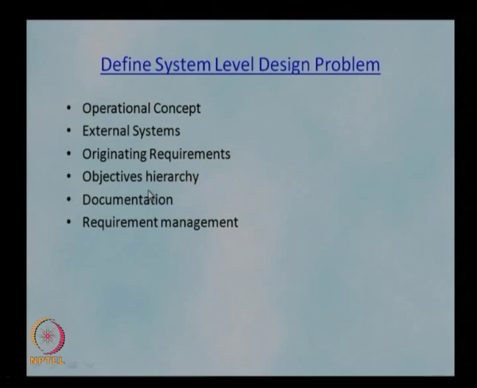We try to identify the objectives of the system and how to develop the objectives hierarchy, and then we have to prepare the documentation for the requirements, and then manage the requirements. These are the steps involved in defining the system level design problem. We will go through one by one what the steps are and how we actually do all these stages to achieve the system level design problem.